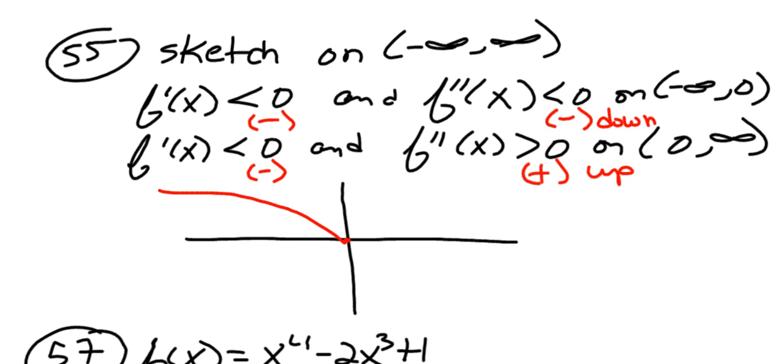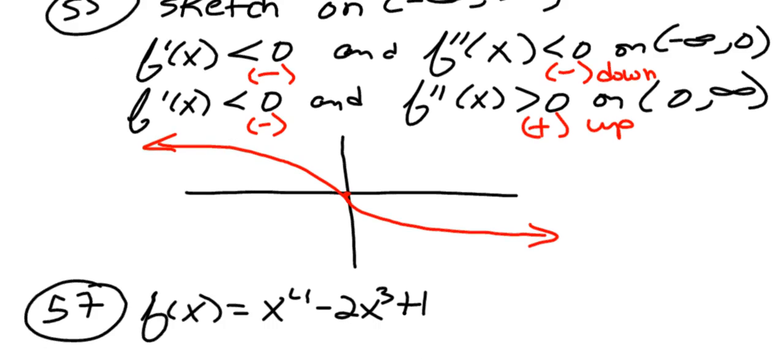And then at 0, now I'm going to be concave up, but I still have decreasing negative tangent lines. So in this case, the entire graph, because they said to go from negative infinity to positive infinity, is continuously negative tangent lines, but we have concavity change from negative, concave down, to positive, concave up. And that's how 55 would sketch.